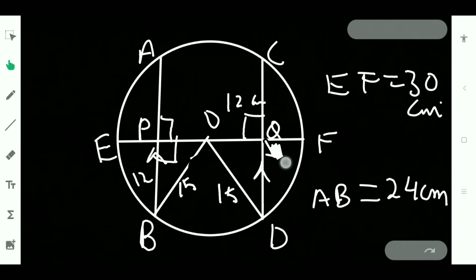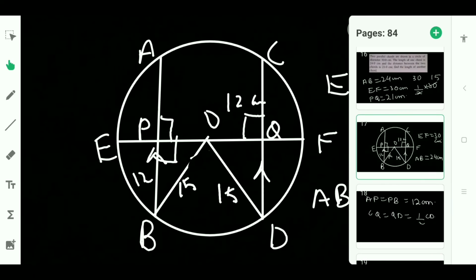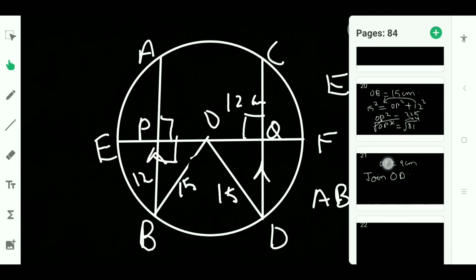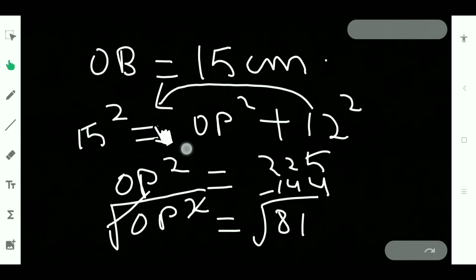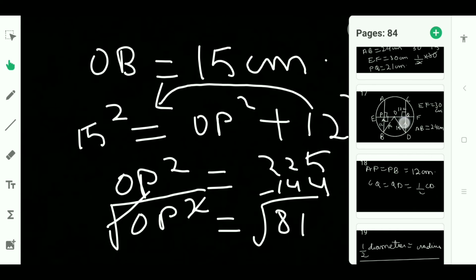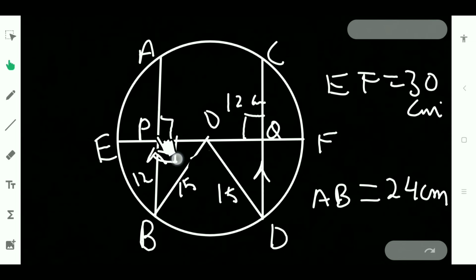Now by Pythagoras theorem we get QD. That we have already done in the before triangle, and we got 9 centimeter for OP.